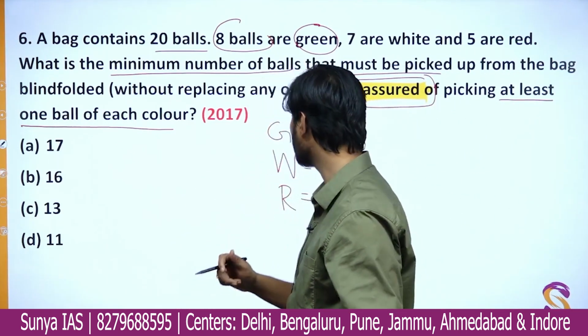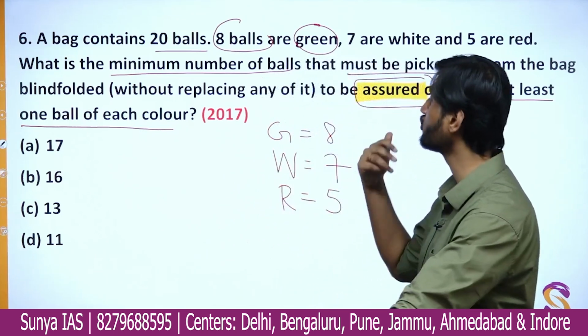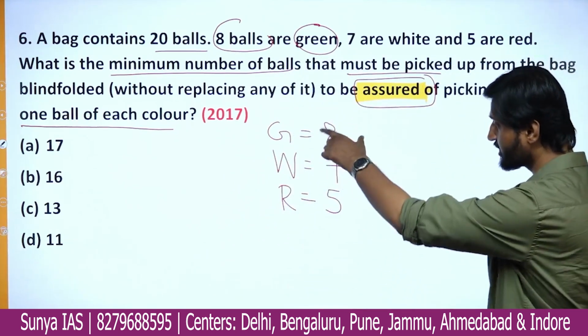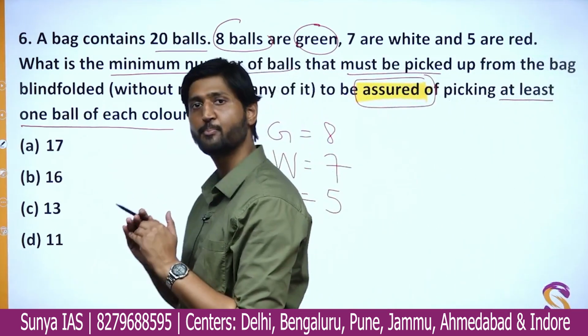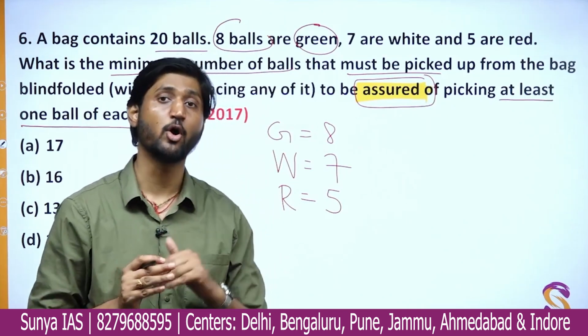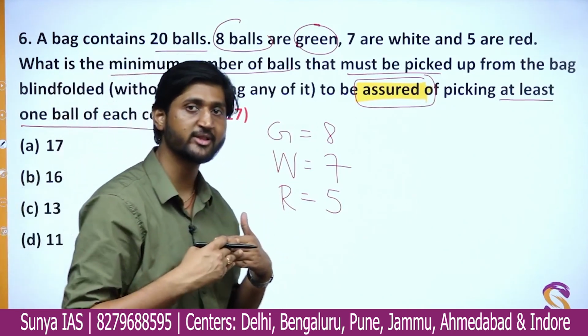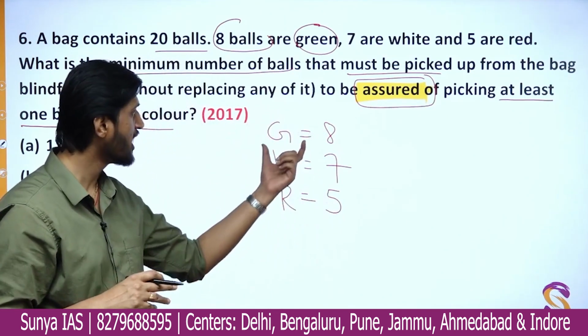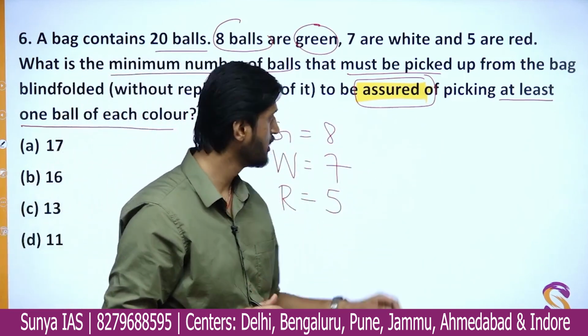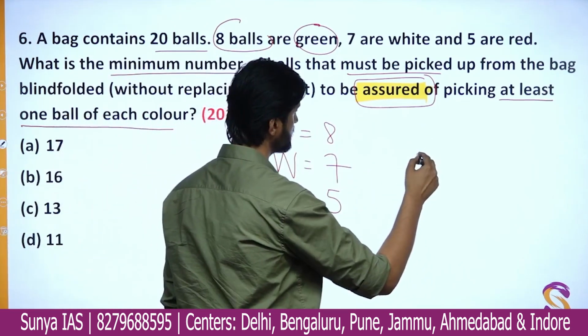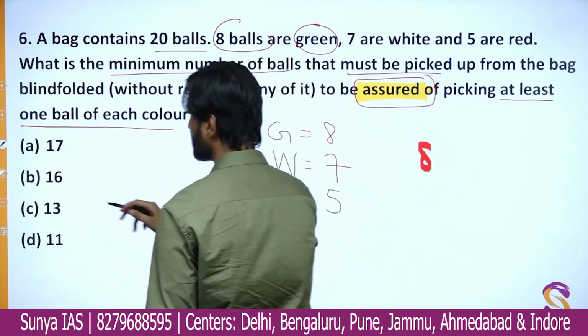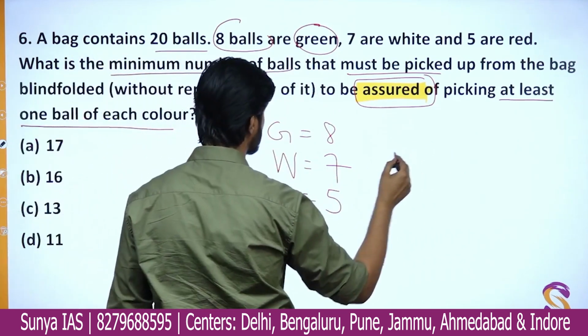Okay, so you should be aware, or you should be assured that, okay, yes, there are 8 green balls. I should pick at least 8 balls just to be assured that if there is the worst case scenario, I have picked all the green balls. So I have to pick 8 balls.